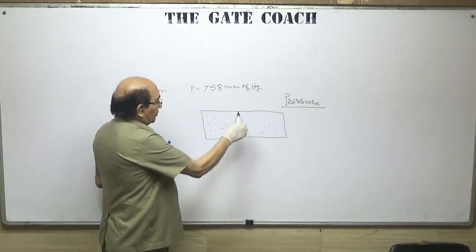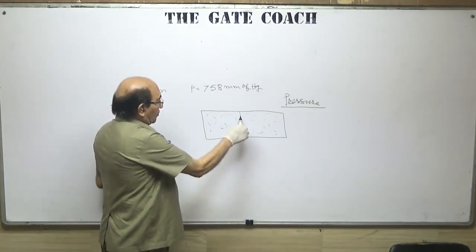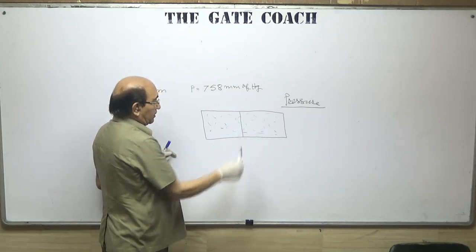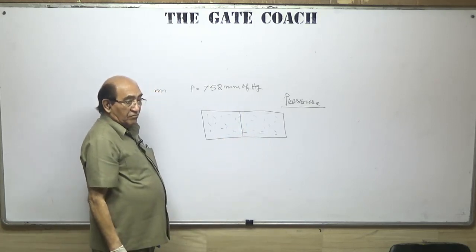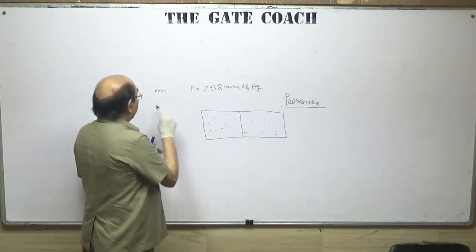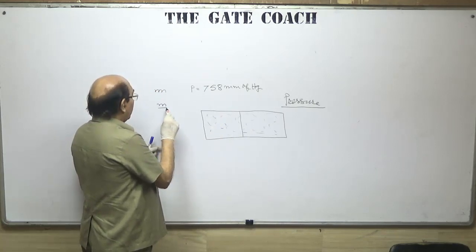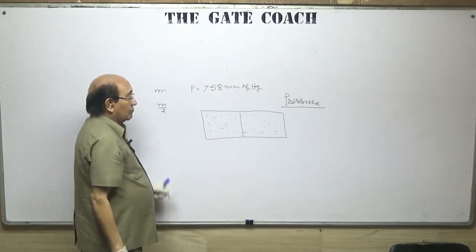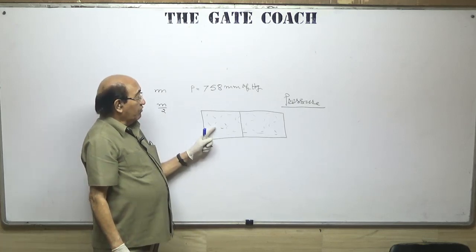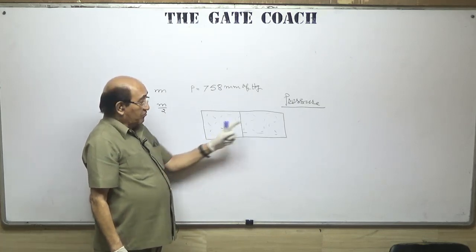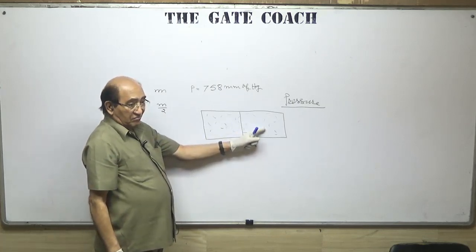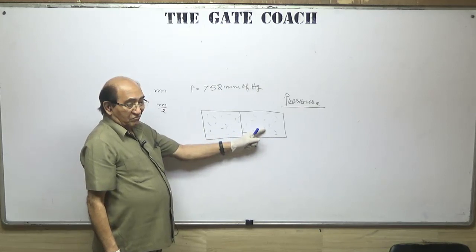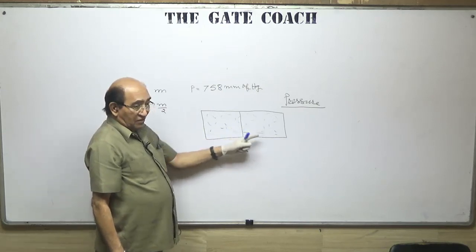If in your room you put a partition, mass on each side becomes m by 2. Put one barometer here, put another barometer here. Both the barometers shall be reading the same.